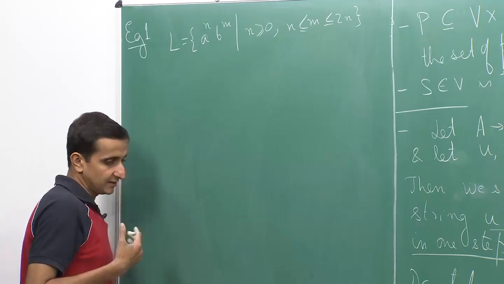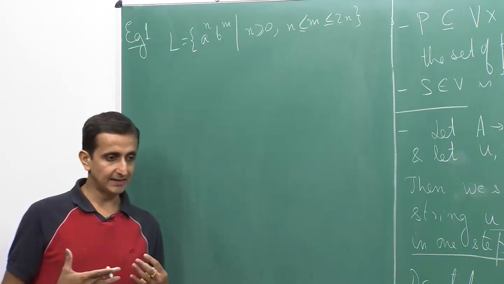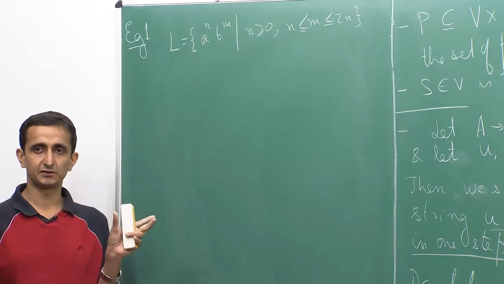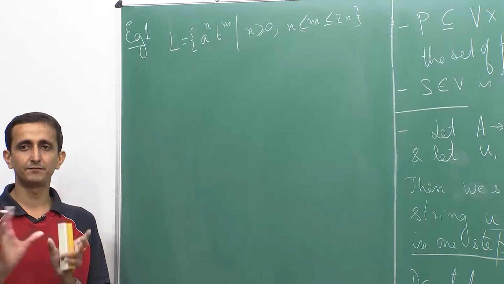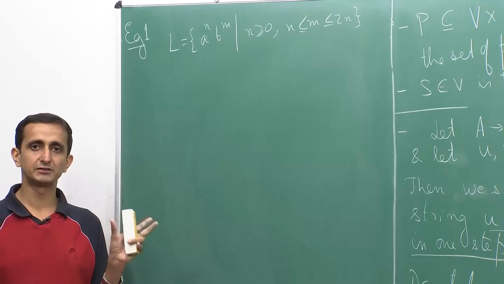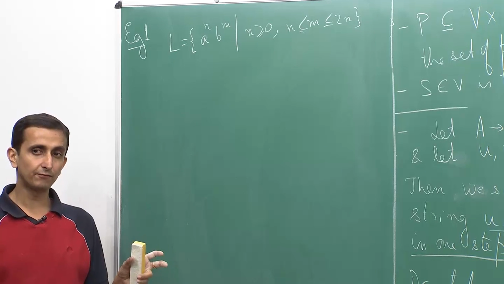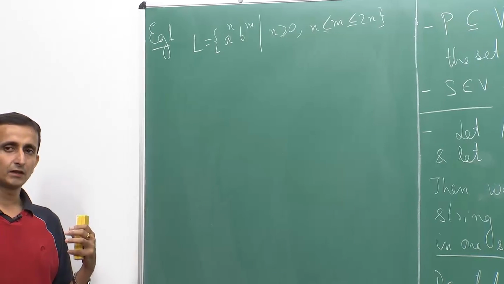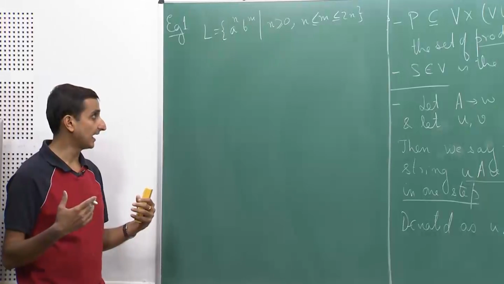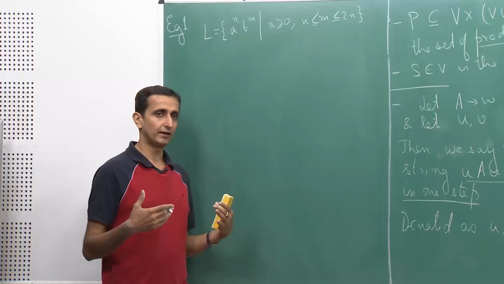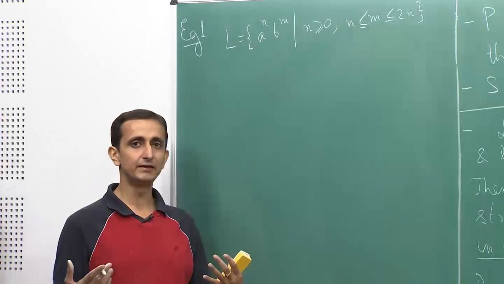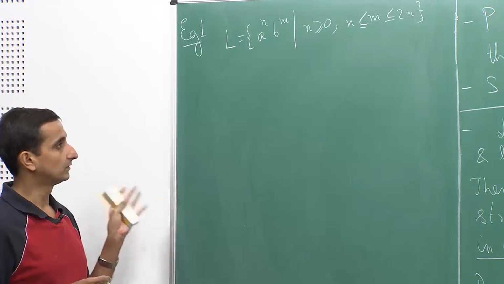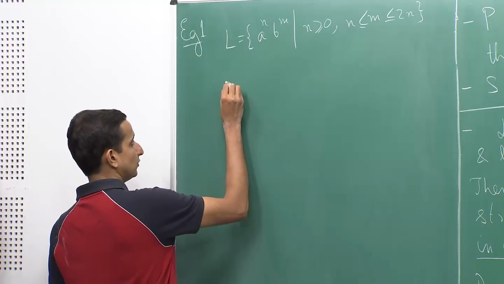So, what is the intuition? We essentially want to form a sequence of A's and a sequence of B's. So, we will use the start variable and some variable to form sequences of A's and B's. But when we are forming our sequence of B's, we will use the fact that from one variable I can have multiple production rules, to add either a single B or two B's for every A that I add.